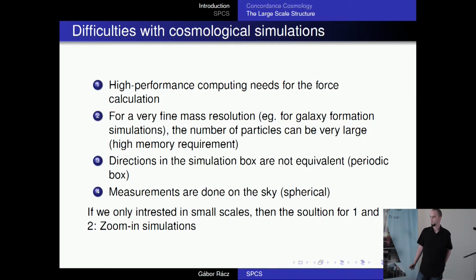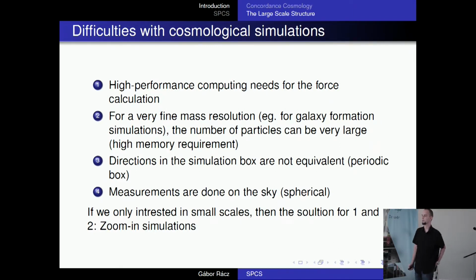And the fourth minor difficulty is that the measurements are done in the sky and that is spherical, and we have a periodic box, so we have two different geometries basically. One can work on this, everybody doing this, but it would be nice if we had the same format in the simulations and from the measurements.